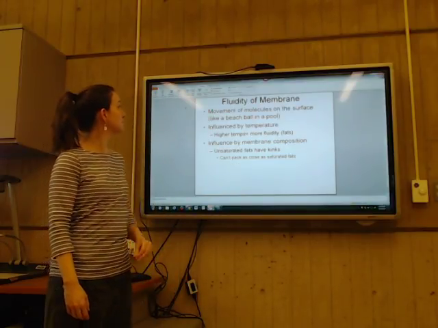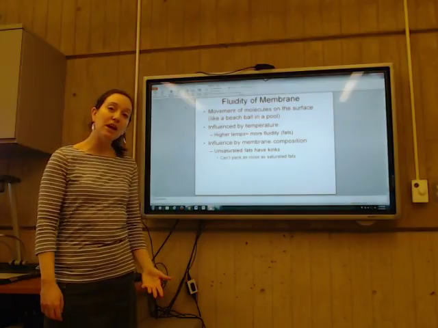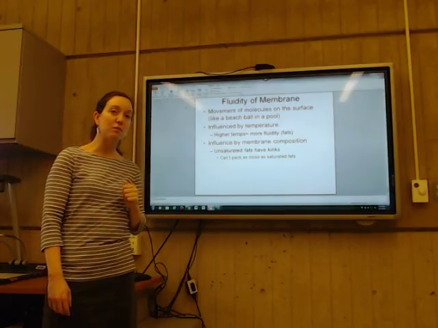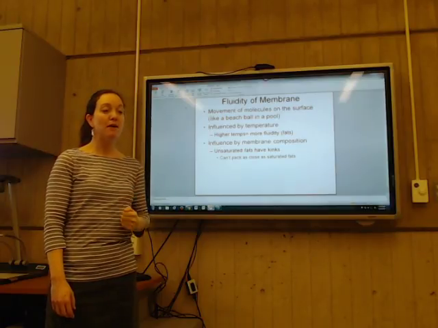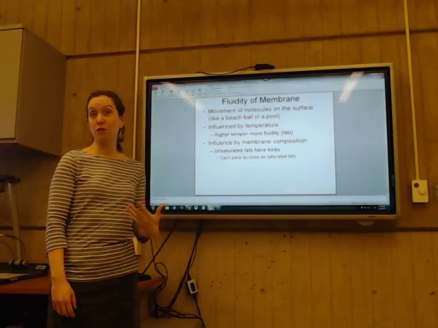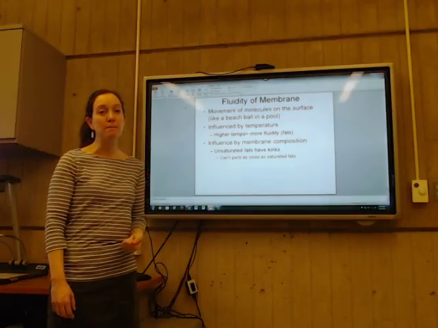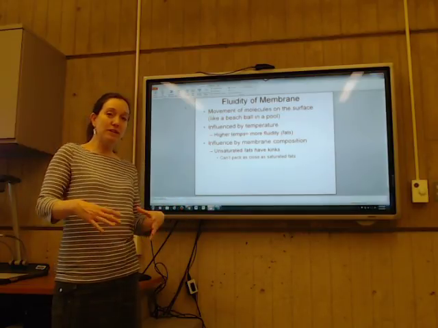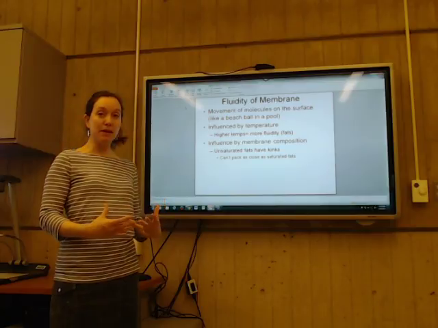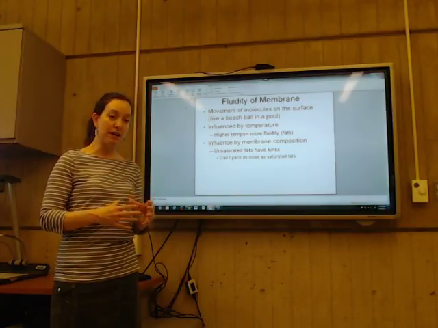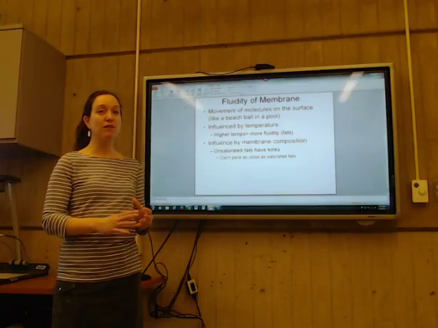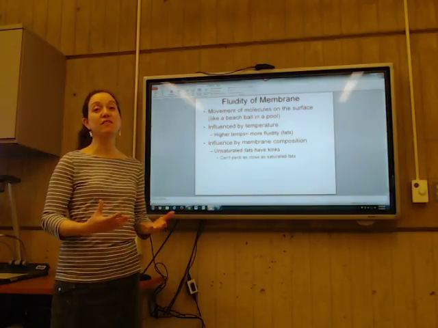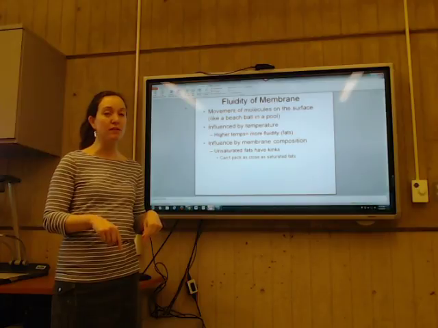The fluidity of that membrane is influenced by a variety of factors, especially temperature. Phospholipids are fats, or they're related to fats at least. When you cool down a lipid, you make it more solid, and it becomes less liquidy, less fluid, more viscous as the temperature decreases.